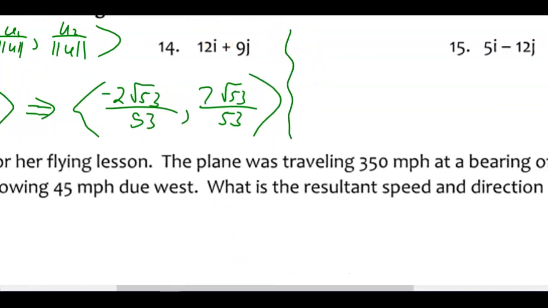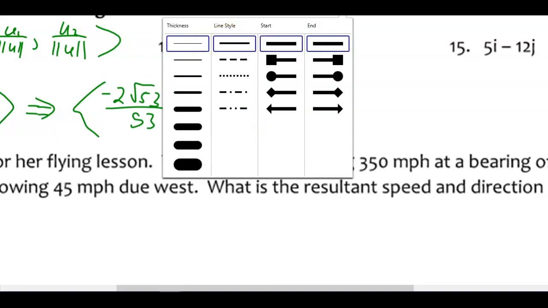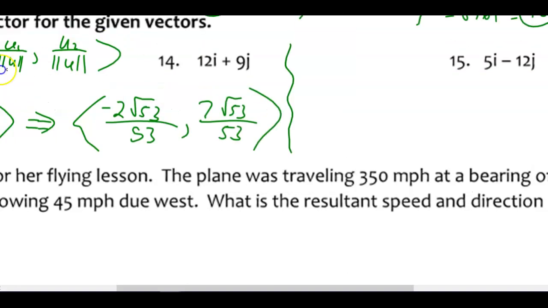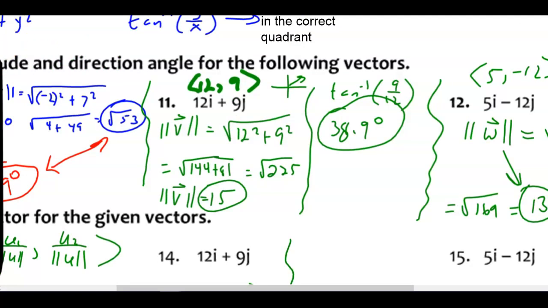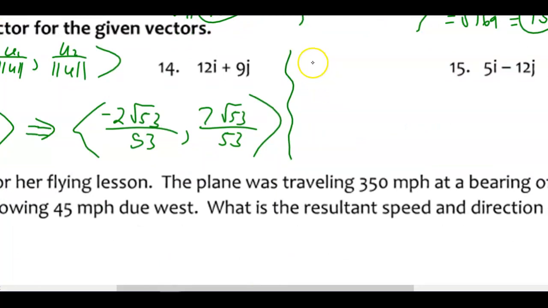For number 14, we already did it. What was the magnitude right here? It was 15. So 12 over 15, 9 over 15. And now I know you already thought about it.